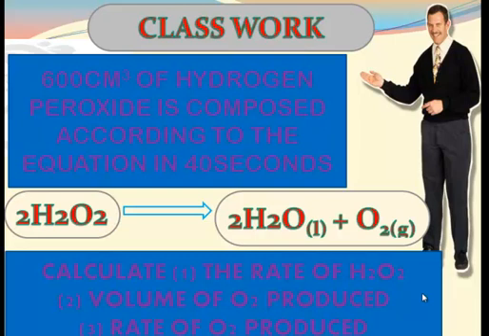Therefore, the rate of decomposition of hydrogen peroxide will be the volume of hydrogen peroxide that is used up, which is 600, divided by the time, 40 seconds, and that will give us 15 centimeter cube per second.